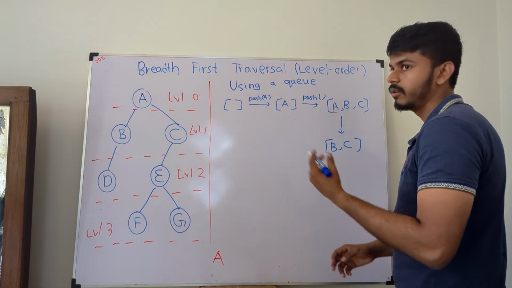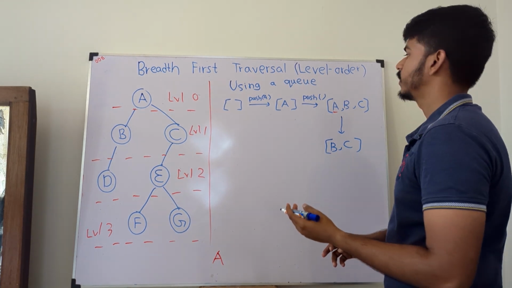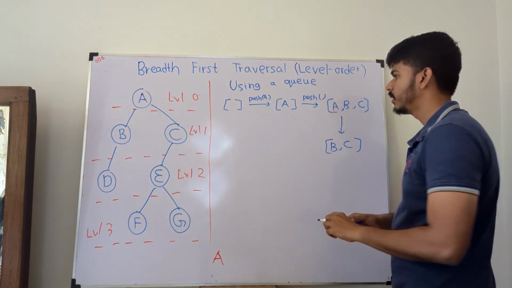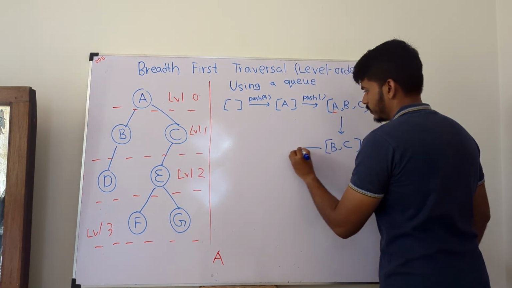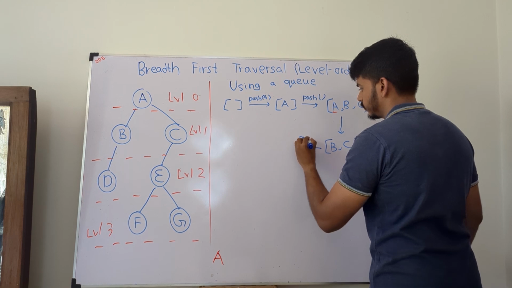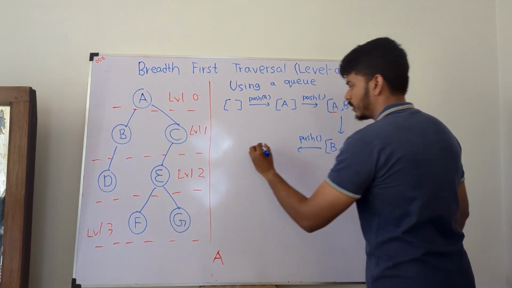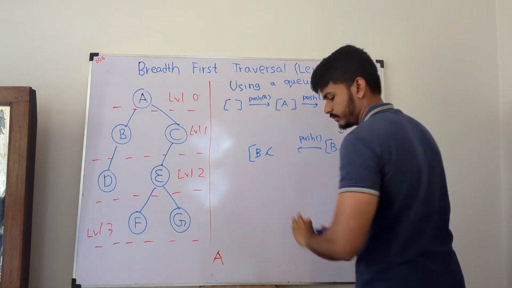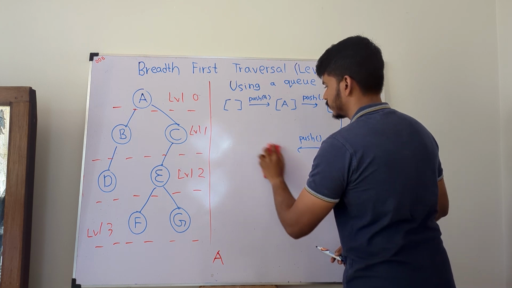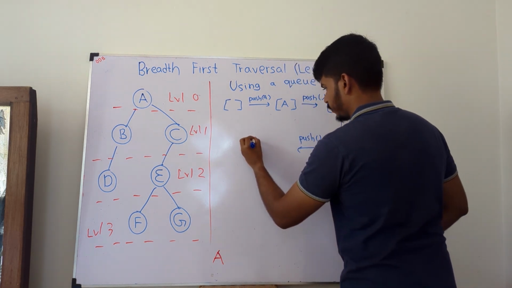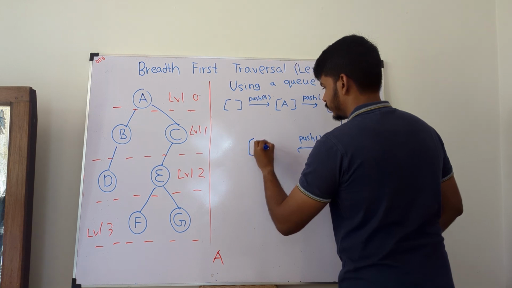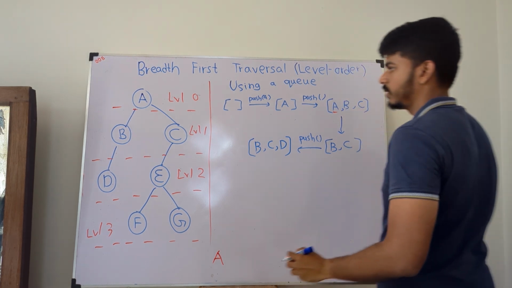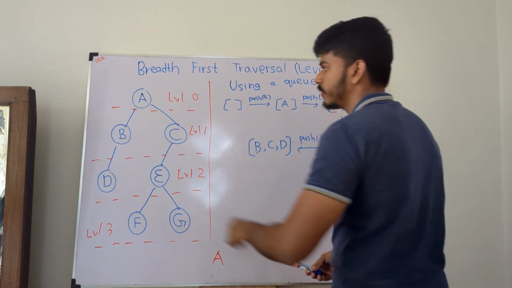Then after that, we are going to do the same steps again. For B, pushing the children of the B node, which is D. So the queue is going to be B, C, then D, the children of B. That's all the children of B node.